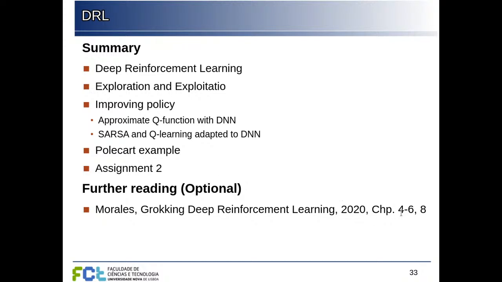So for this part, you can read chapters 4, 5, 6, and 8 of this book. Optionally, note that the book goes into much more detail. What I covered here was just what I could do in 2 hours. But this is actually an interesting book. It's well written and has both the mathematics and code examples to make it easy to understand.